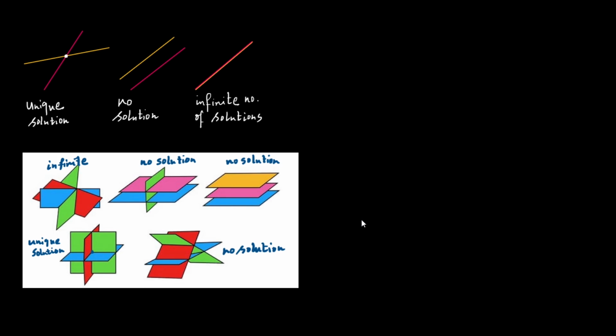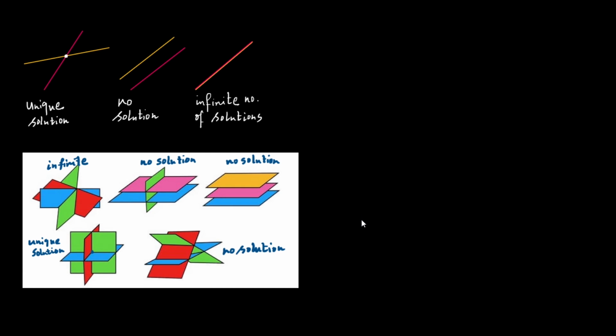Now, let me tell you that the visualization or the geometric consideration will completely fail if we work on a large system where the number of unknowns is more than 3. Say, for example, we have a system with 6 unknowns and 5 equations.